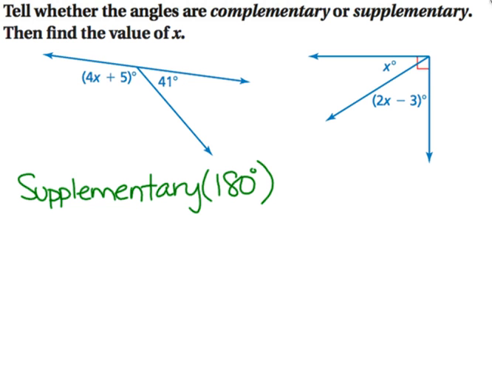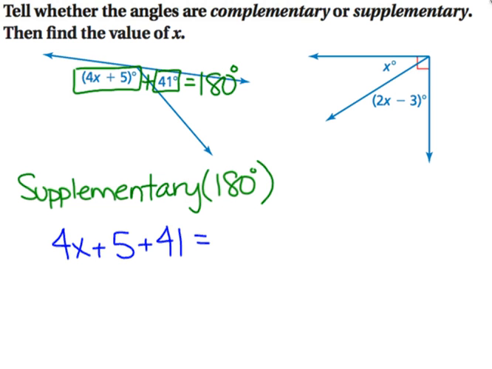So I'm just going to take each of my two terms, this term and this term, add them and set it equal to 180 degrees. So when I write my equation, I'll just have 4x plus 5 plus 41 equals 180. And then I can solve from there.